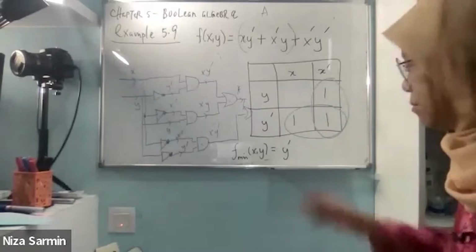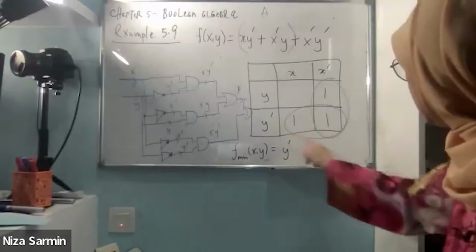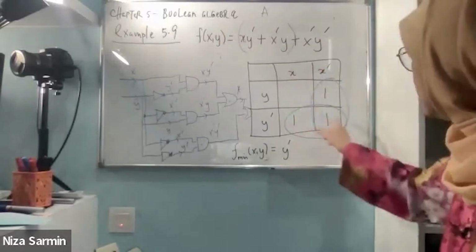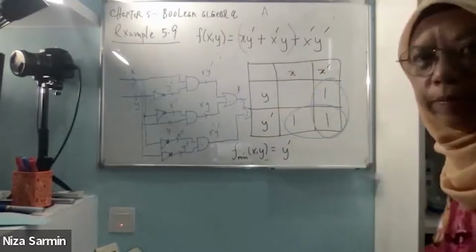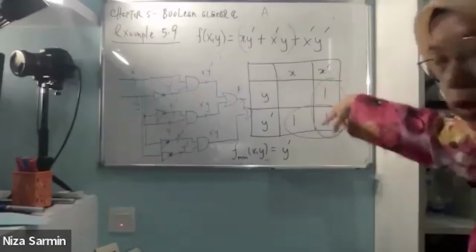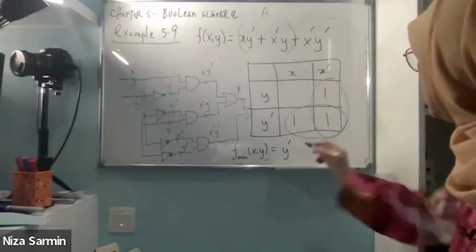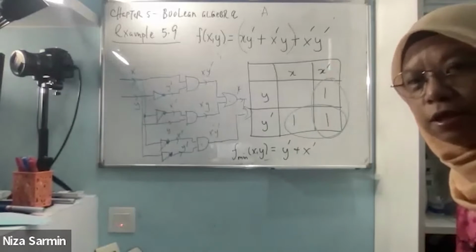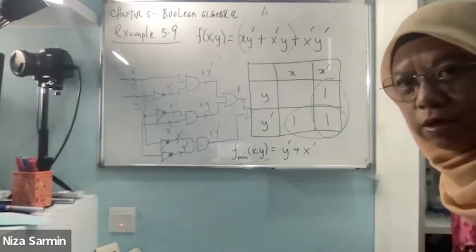Okay, this circle here, it covers X prime, right? So this is only Y prime. This one covers Y prime, right? Y prime. So it's only X prime. Okay, so this is the minimum that we want to get.